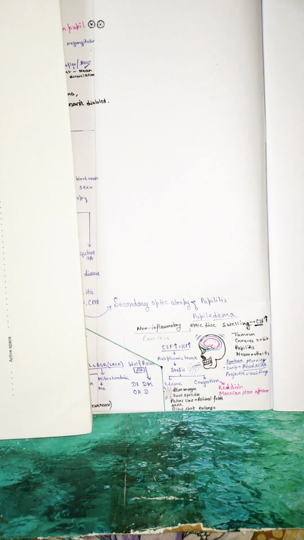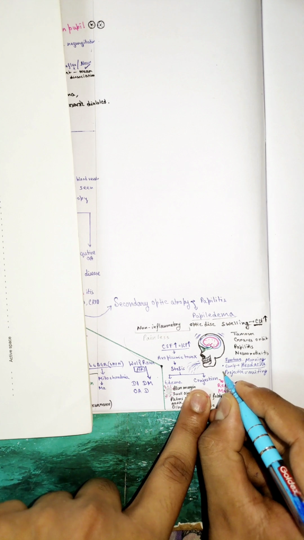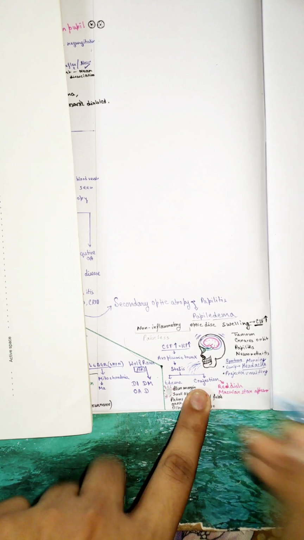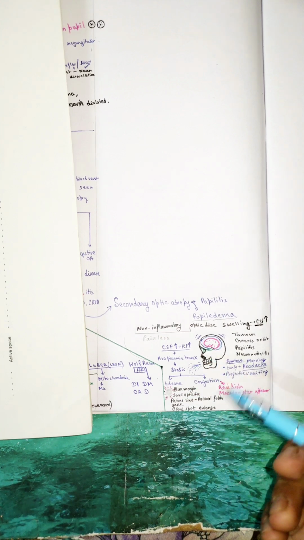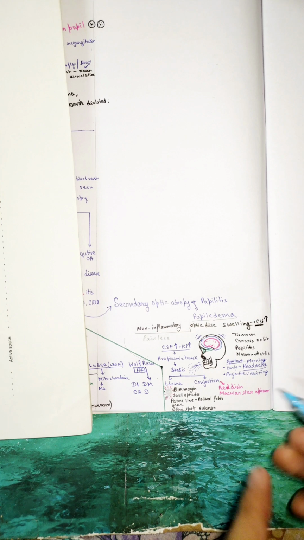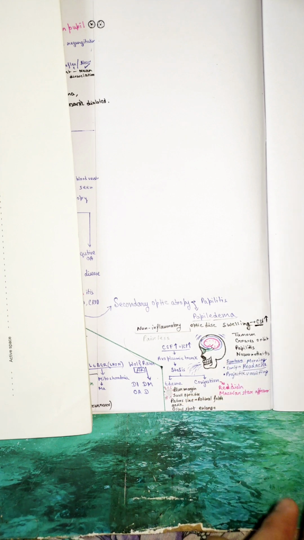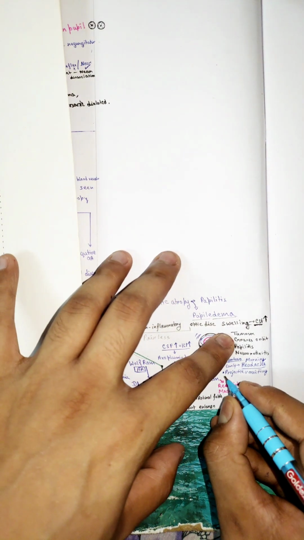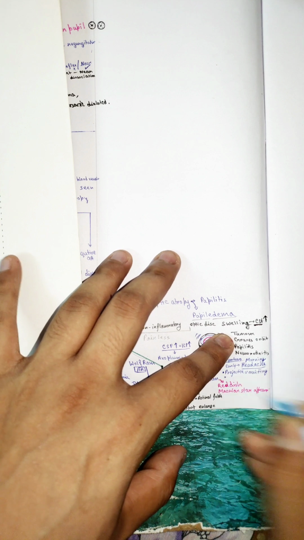Next, his vision will be normal for papilledema, but due to papilledema the optic nerve is getting pressurized. Ultimately it is causing optic atrophy, and due to optic atrophy there will be painless loss of vision. Why painless? Because it is non-inflammatory. So vision will be normal, but painless loss of vision will be seen.